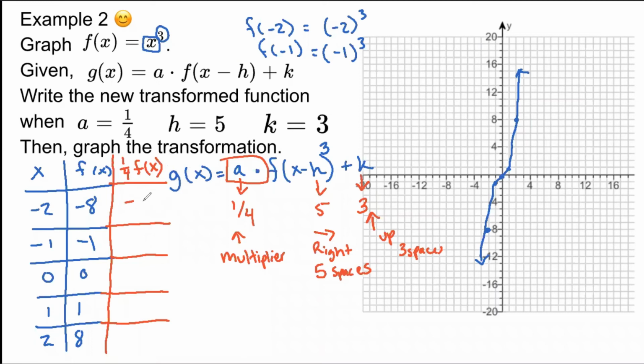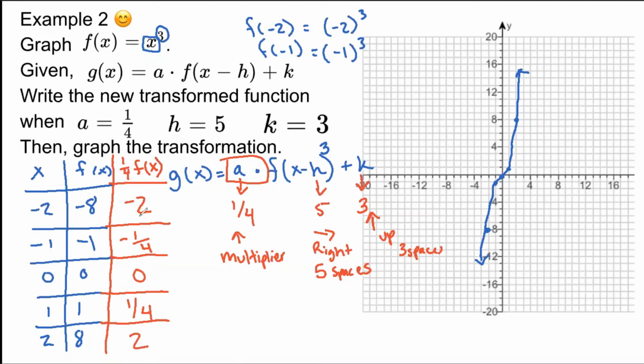There you go, -2. Ayla, thank you. The next one would be 1/4 times -1, -1/4. 1/4 times 0, 0. And the last two, can somebody give me the last two? Thank you, Ayla. 1/4. And thank you, +2. Thank you, Katya. All right, let's graph those first.